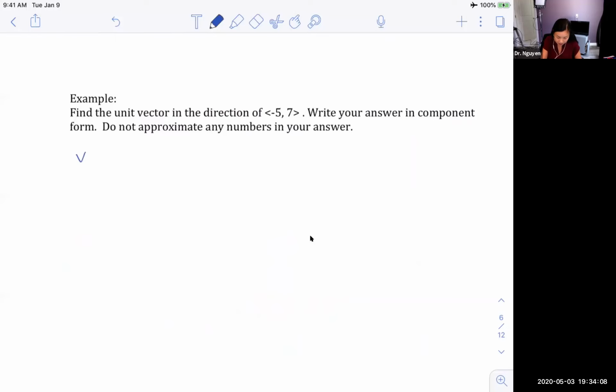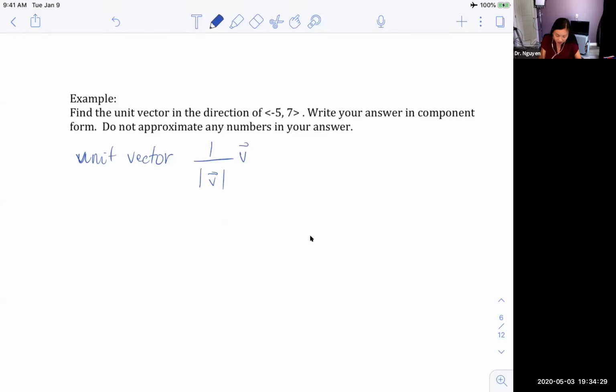Unit vector: one over the magnitude times v. By the way, that's how you write magnitude. Okay, that's just to indicate a vector.